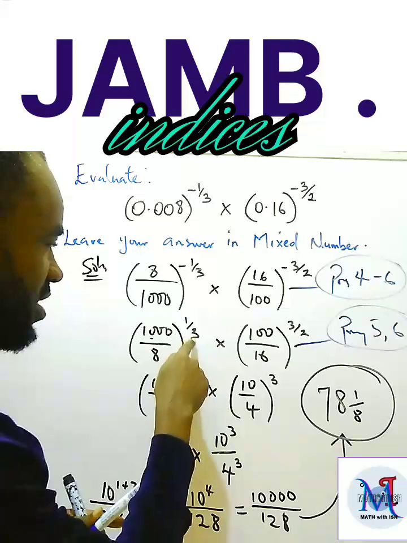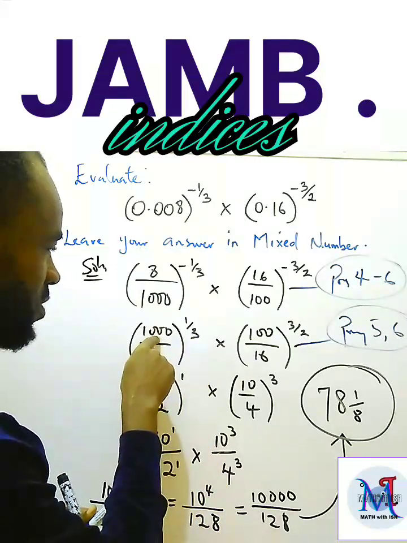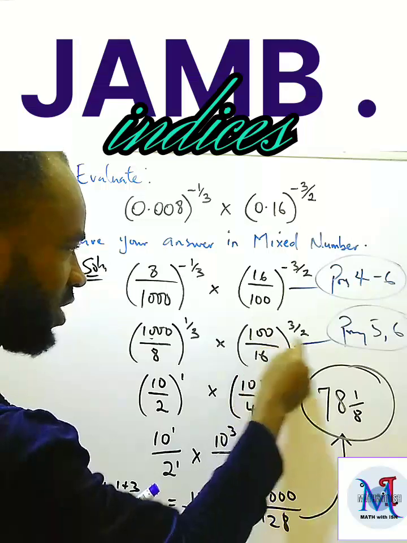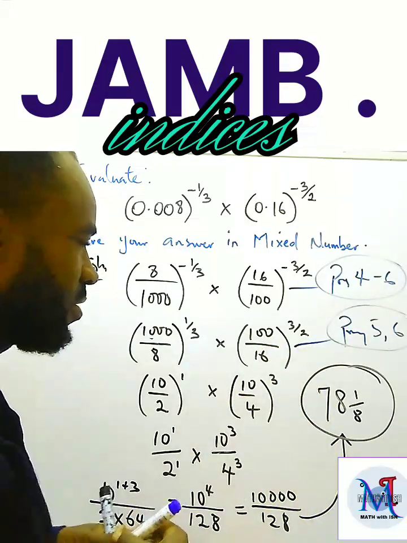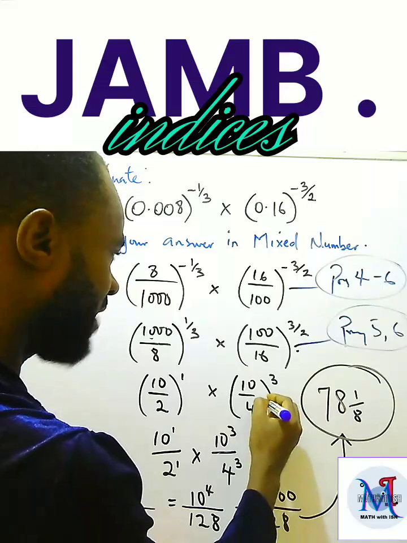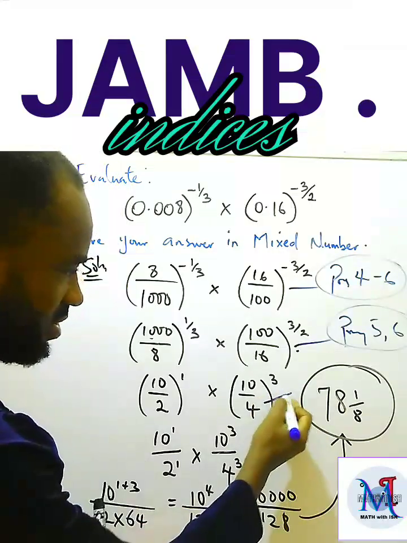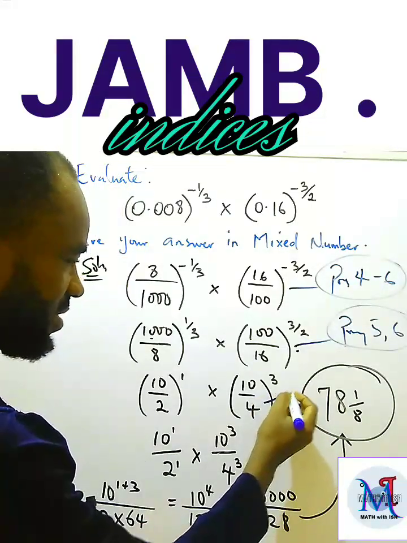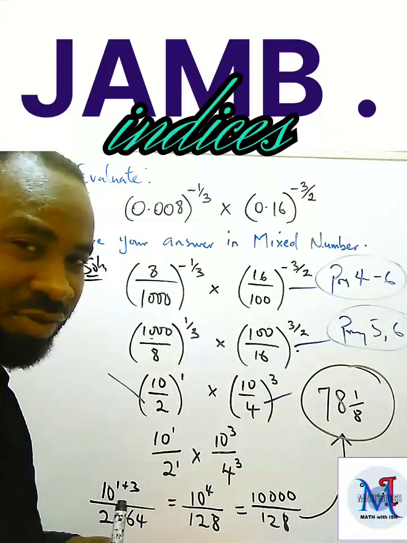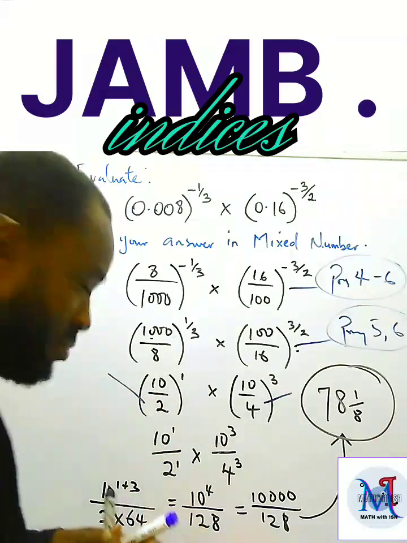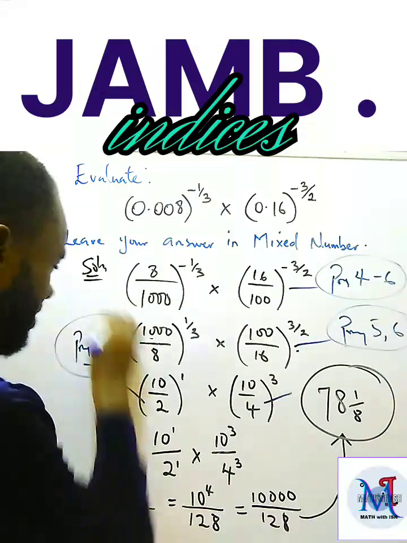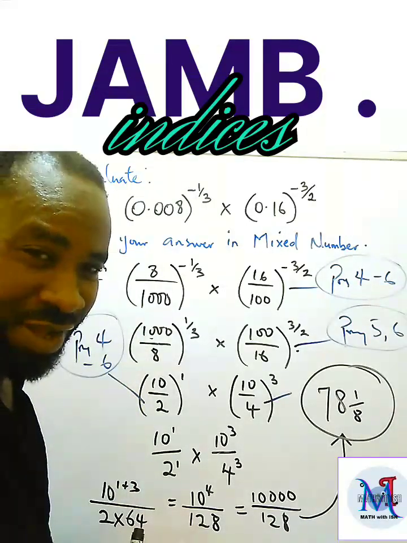What I simply did here is the cube root of 1000, the cube root of 8. Here, the square root of 100, the square root of 16. That is also what is being done here as well to arrive at this. And everything about square root and cube root is also taught from primary 4 down to primary 6. Can you see that?